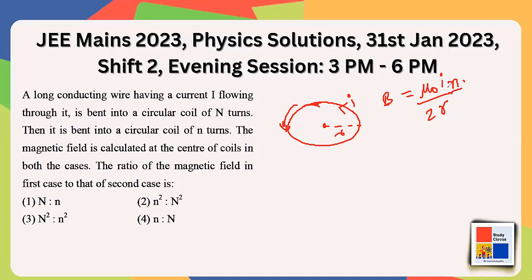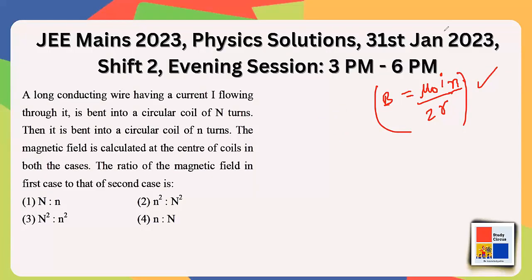So this will give you the magnetic field at the center, right? So for both cases, we'll try to find the magnetic field ratio at the center using the formula. This is the formula for N turns, current I, radius R.